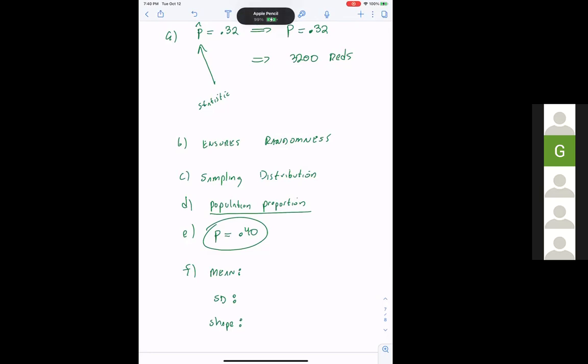To find the mean, you would just add them all up and then divide by the number of samples you have.